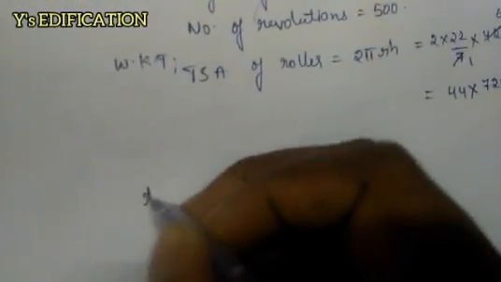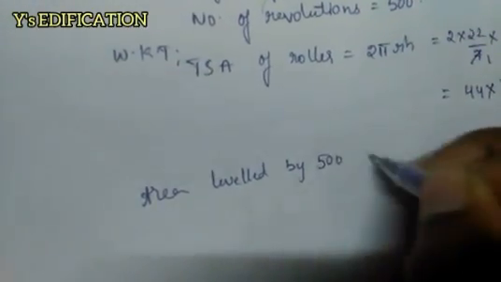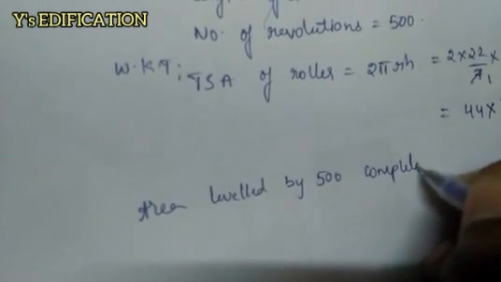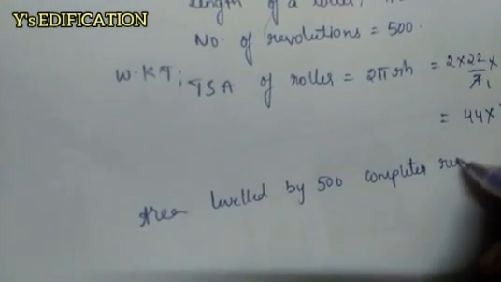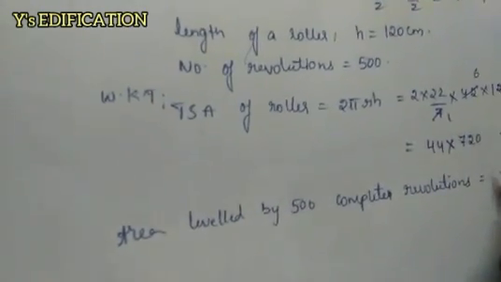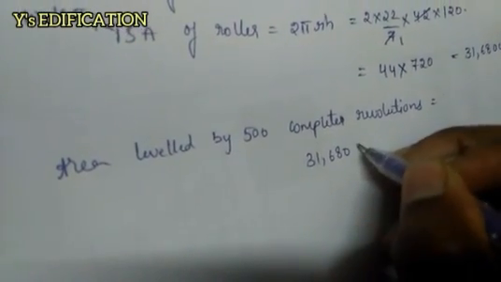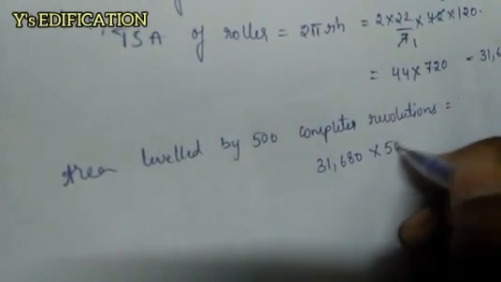Now we have to find out the area of the playground in meters square. So the area leveled by 500 complete revolutions. Okay, it will take 500 revolutions, which is equal to 31,680 into 500.